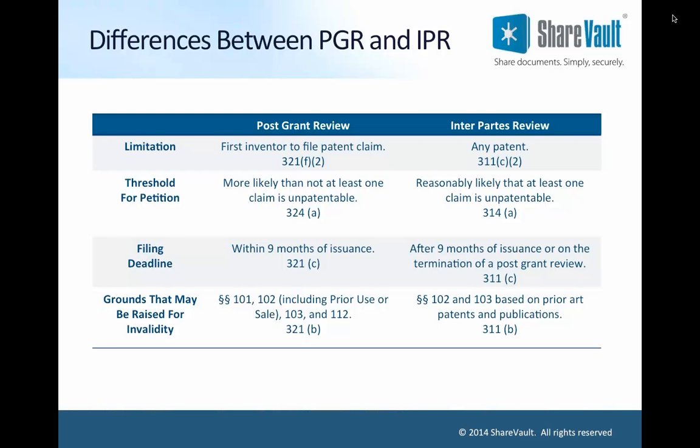So you can allege, for example, that a compound or an invention was sold over 1 year prior to the filing date of the application, and that would be a basis for invalidity in the post-grant review, but it would not be a basis under the inter partes review.